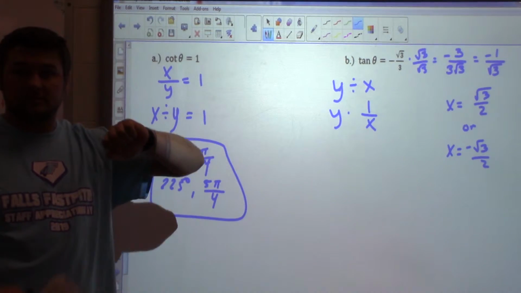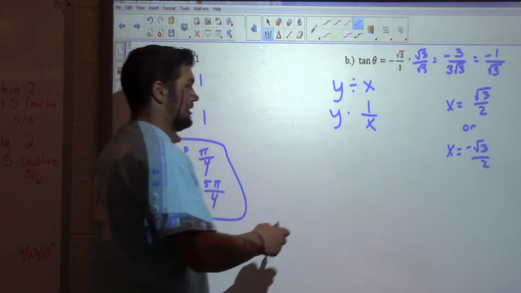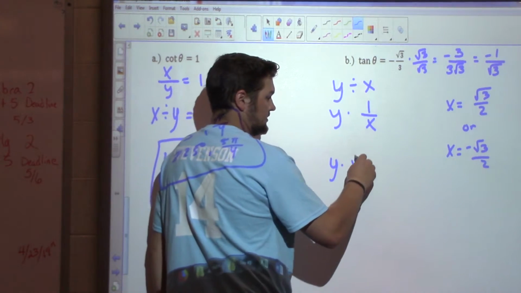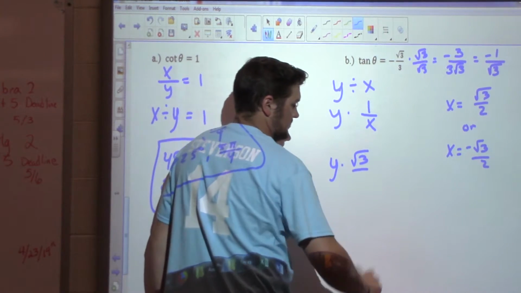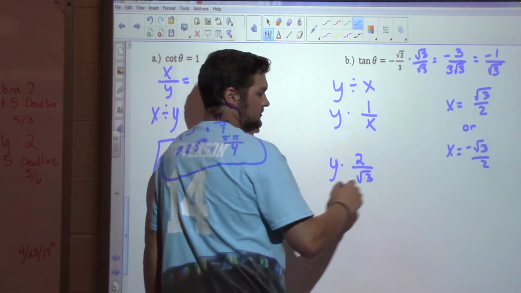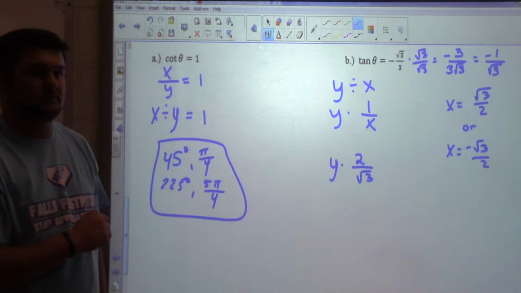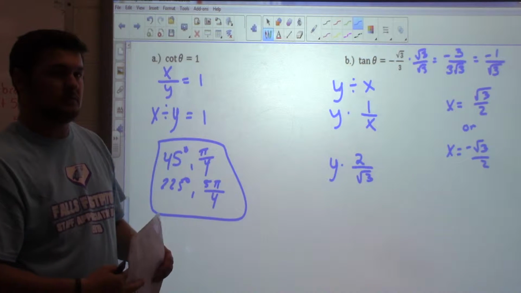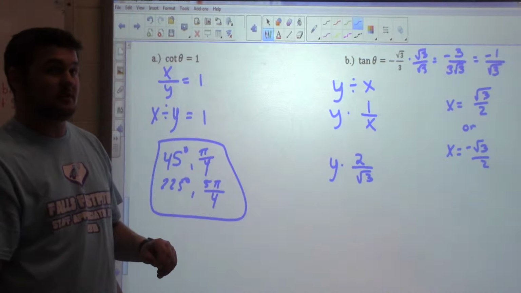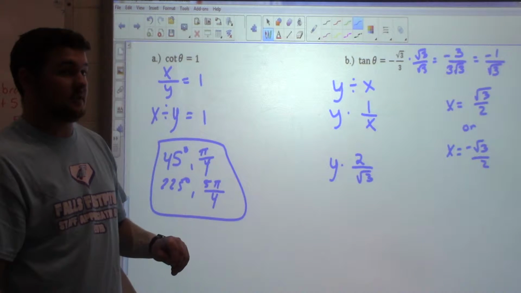Yes? Okay, so what I'm looking at here is y times 2 over square root of 3. So I want the reciprocal. Do we have questions? You're confused? You're lost? All right.